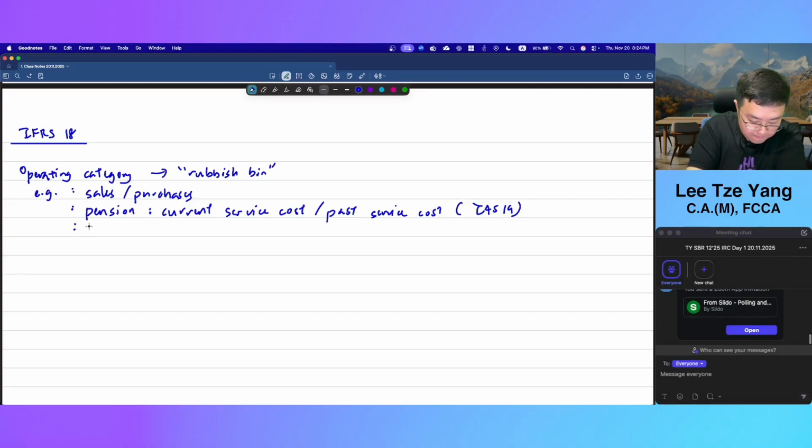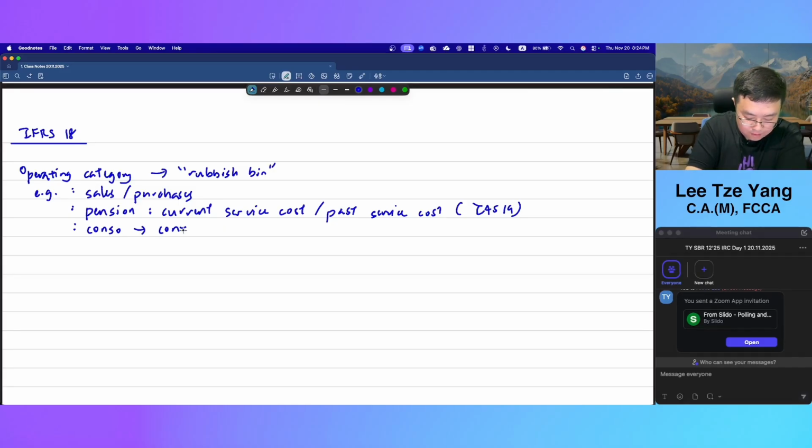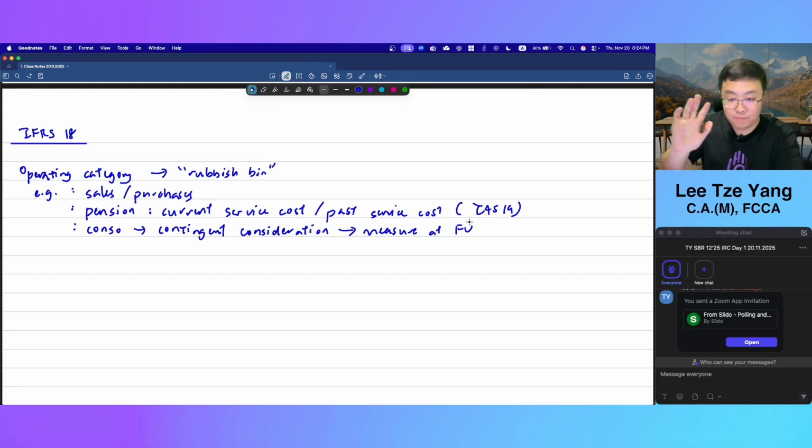In consolidation, contingent consideration. We know that we measure this at fair value when we calculate goodwill. The changes in the fair value are recognized in the SOPL.